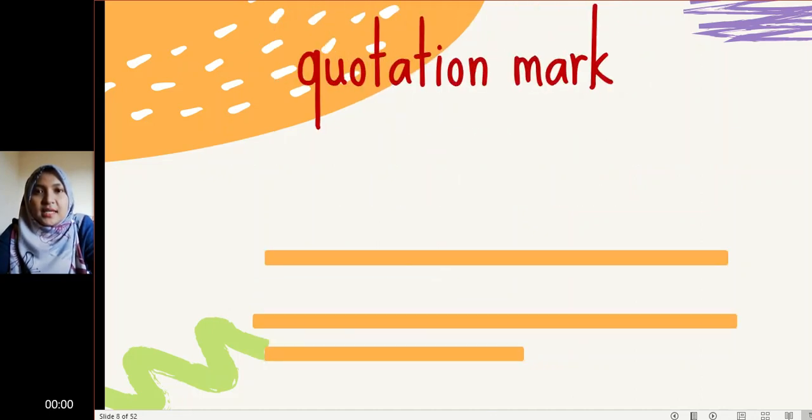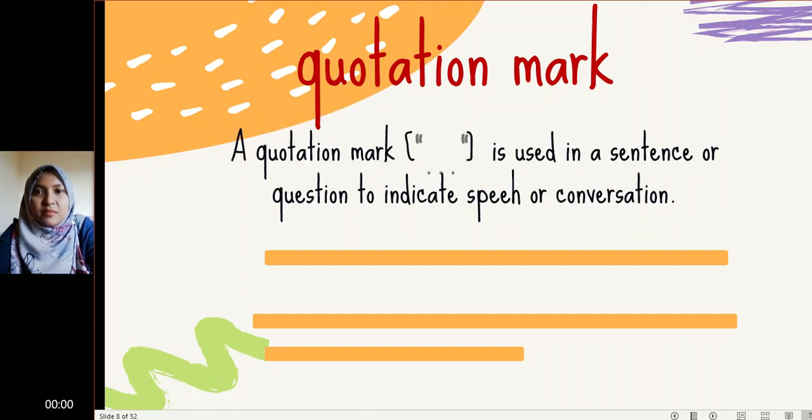Next is the quotation mark. A quotation mark is used in a sentence or question to indicate speech or conversation. That means when there is a conversation or you want to indicate speech, you have to put the quotation marks.